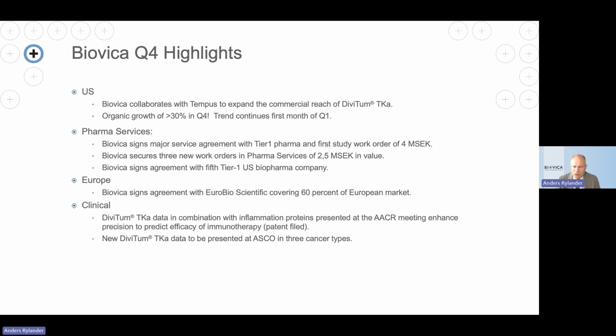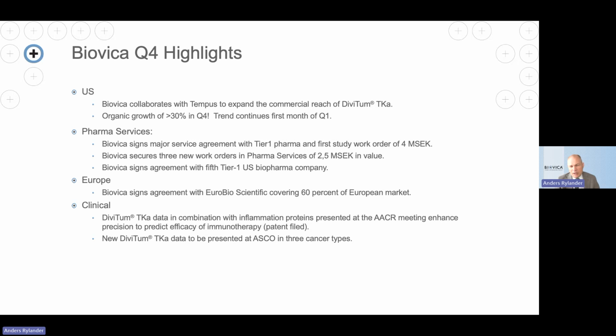We continue also to add to our clinical evidence and documentation. We have had two important conferences where we have presented data. First of all, the AACR, where we presented data on immunotherapy, and also ASCO, where we had three different clinical trials being presented.